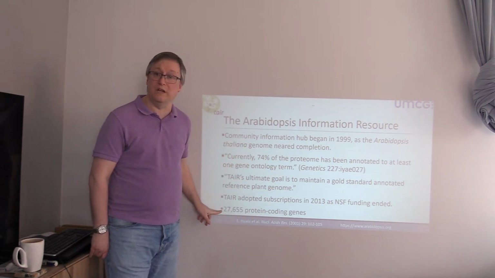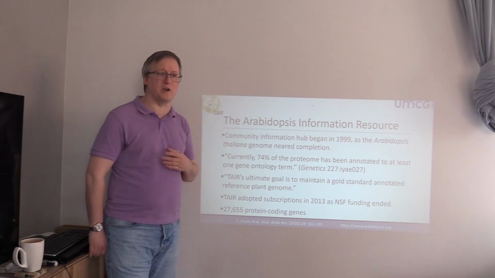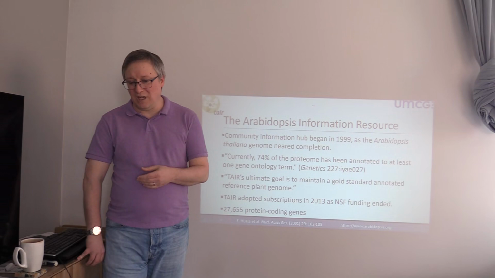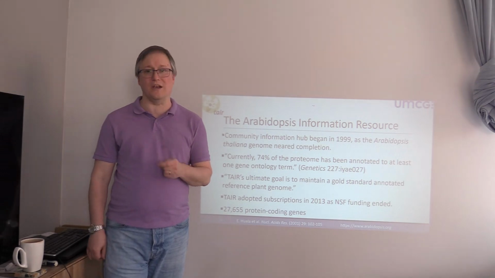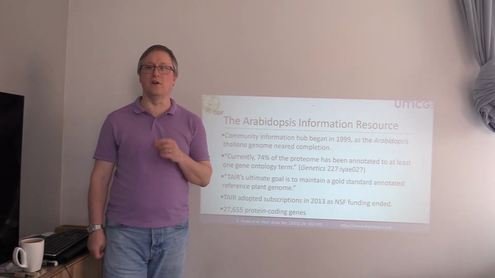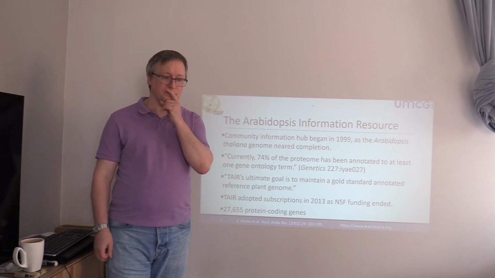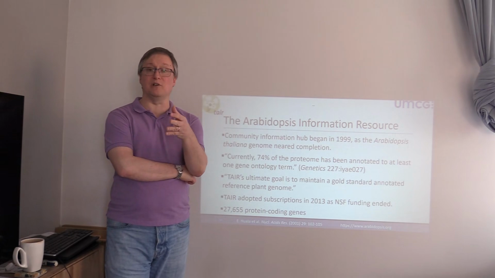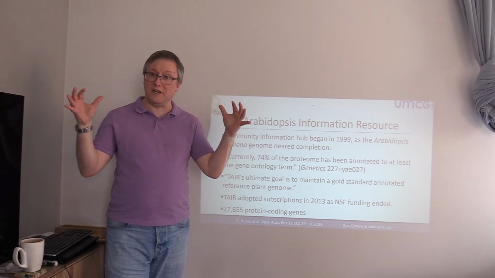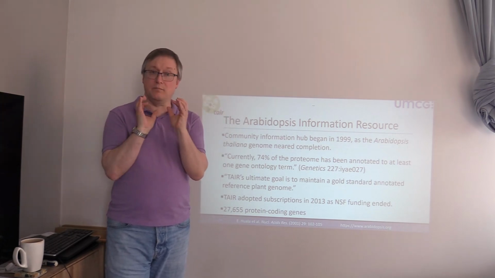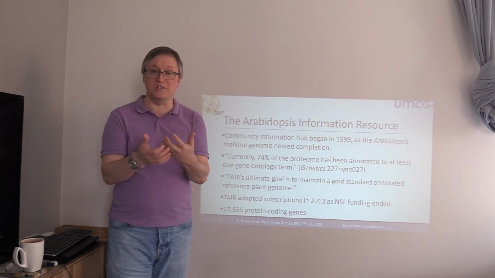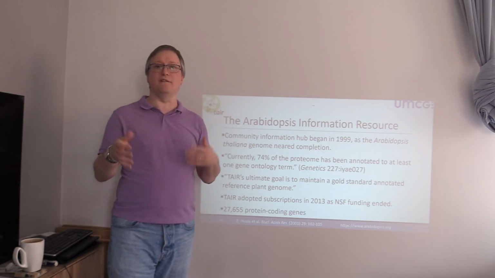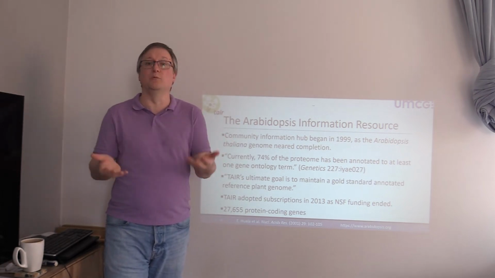At base here is a really important number, though, that I think is worth talking about from a scientific point of view rather than science policy. Here we have 27,655 protein coding genes. One of the chief reasons why Arabidopsis became such a popular laboratory plant was its relatively compact protein coding gene set. 27,000 is still, let's say, 40% larger than the human genome.